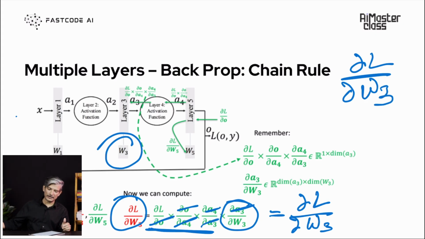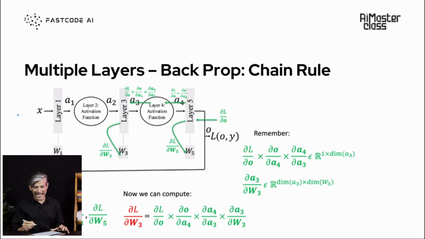For this we did all this chain rule: we started from the derivative of the loss with respect to the output, which is a gradient, then we backpropagated, kept on passing these gradients to the previous layer, and finally, using the gradients coming in from the next layer and the Jacobian of the output with respect to the input, we are able to find the derivative of the loss with respect to the weight, and then we update it. This will get clearer when we actually implement it.